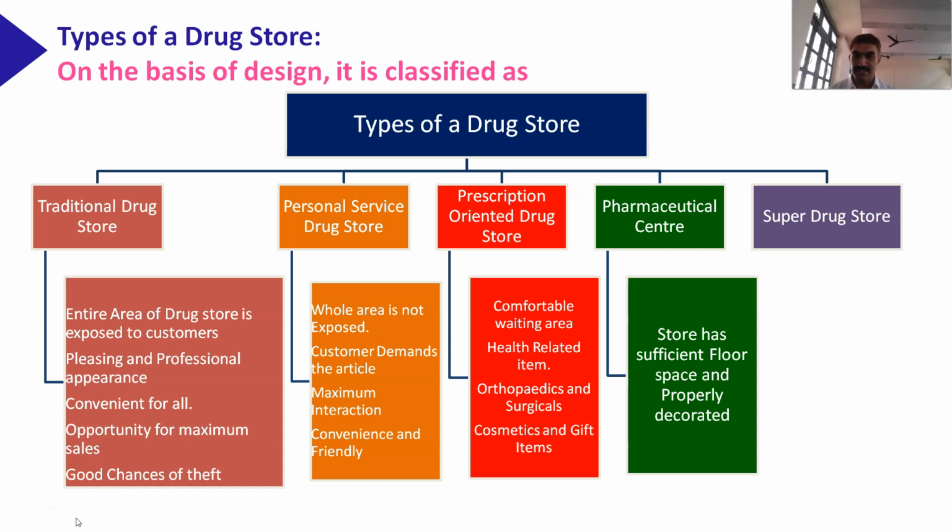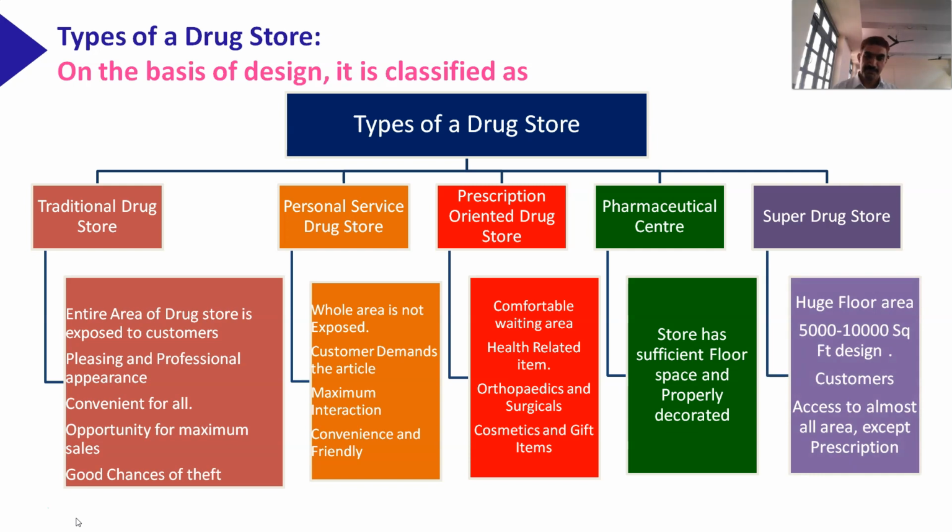The last is the super drugstore. You can take the example of a mega market or mega store, like groceries and other things, where the area is very, very big. Such drugstores have a huge floor area, ranging from 5,000 to 10,000 square feet.